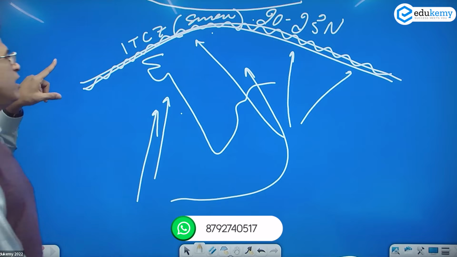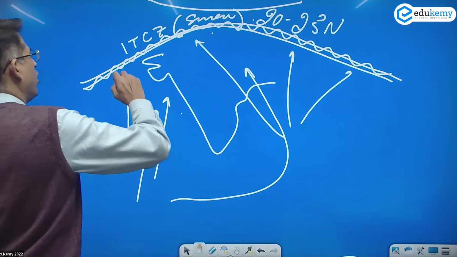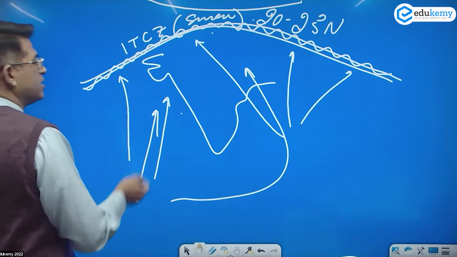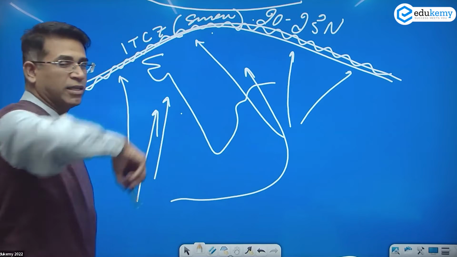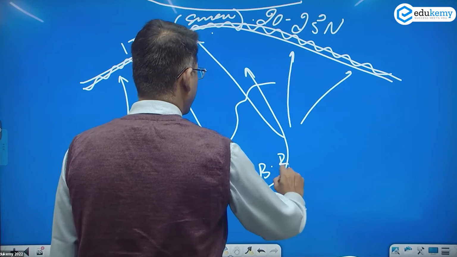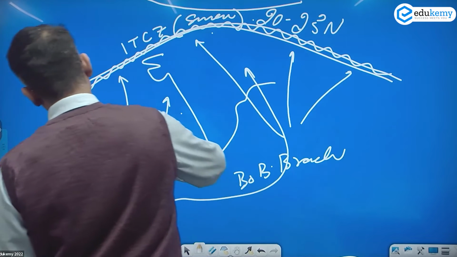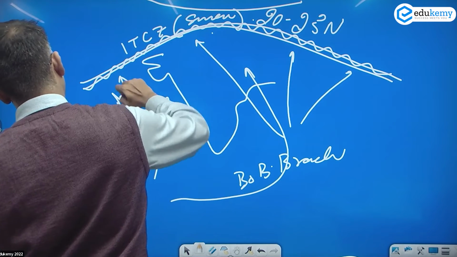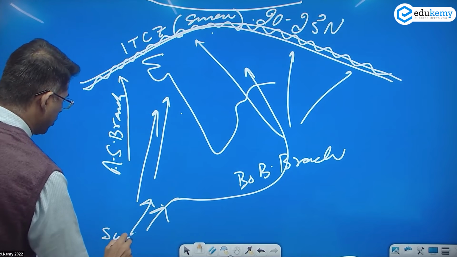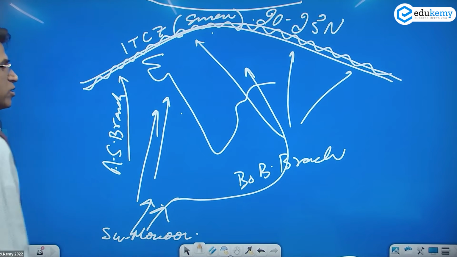This is the main low pressure that pulls the winds. This is the Arabian Sea branch and this is the Bay of Bengal branch. Together these are the southwest monsoon winds.